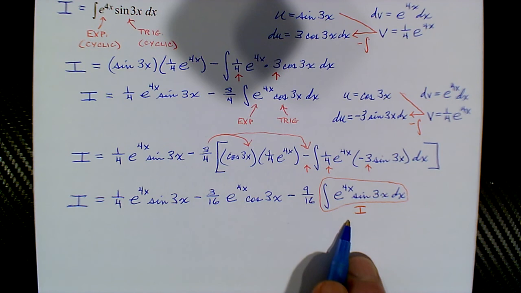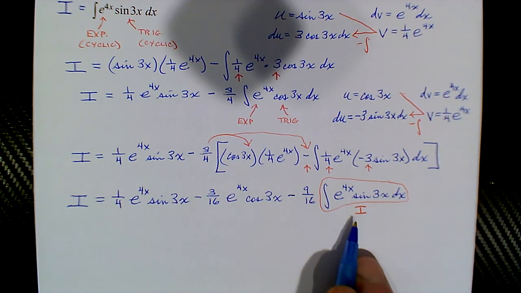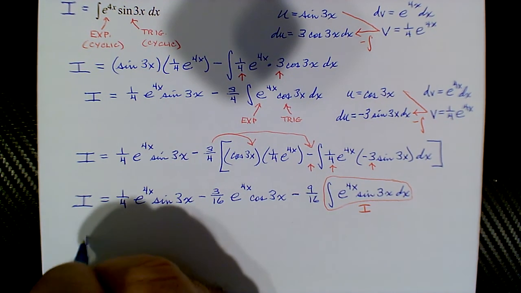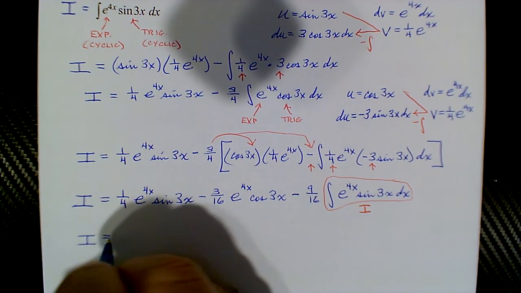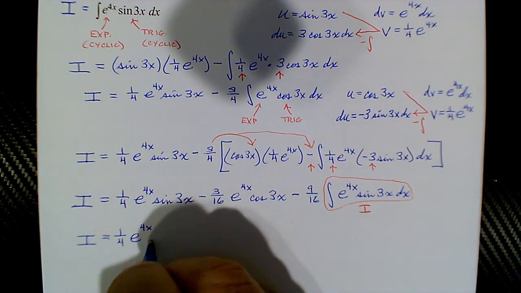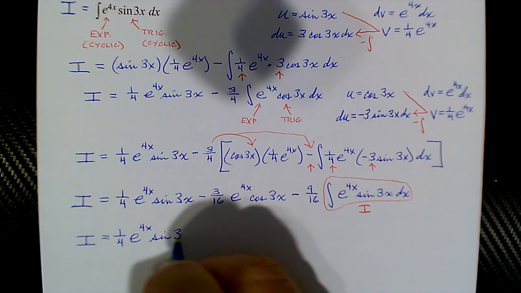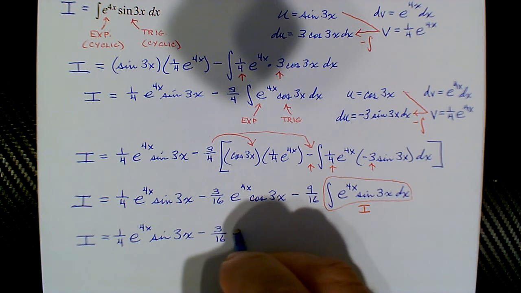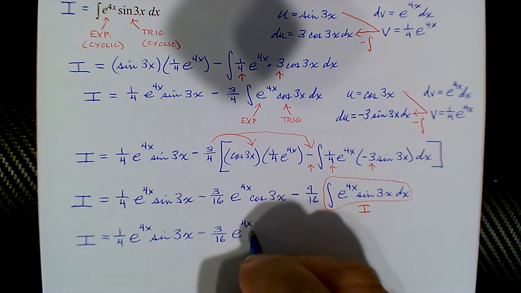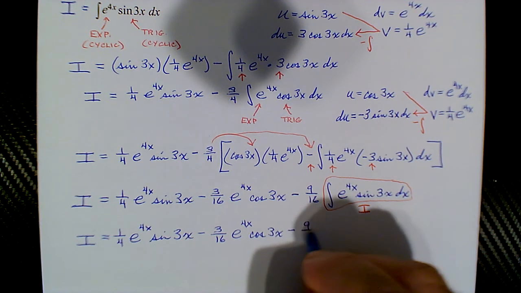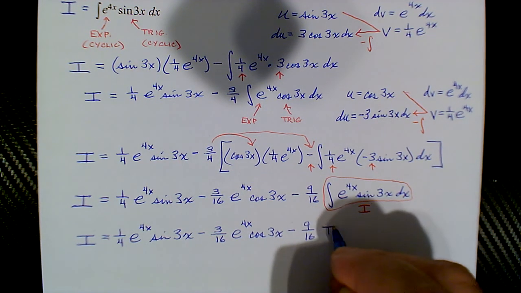We're going to get all the I's on one side, and on the left we're going to need a least common denominator, which is 16. So we've got 1 I plus 9/16 I. Treat that as 16 over 16 I, and we get 25 over 16 I.